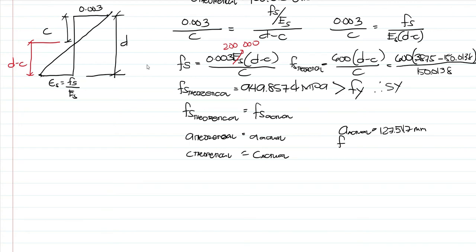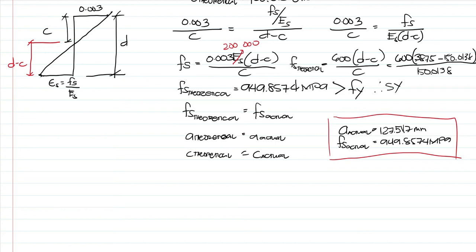Then yung Fs actual na hinahanap natin is equal to a value 949.8574 megapascal. So ito ngayon yung dalawang values na pinapahanap sa atin sa problem natin. Ngayon, to determine yung last value na pinapahanap sa atin, so that is the ultimate moment.